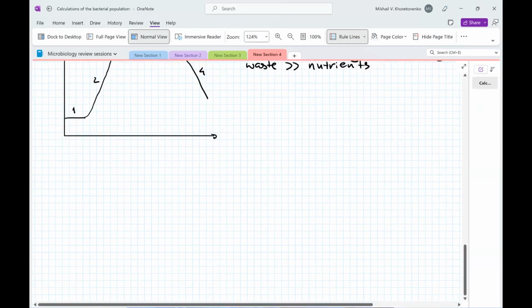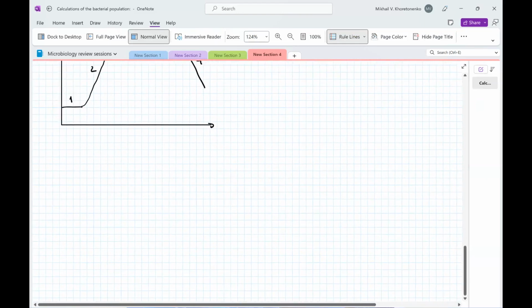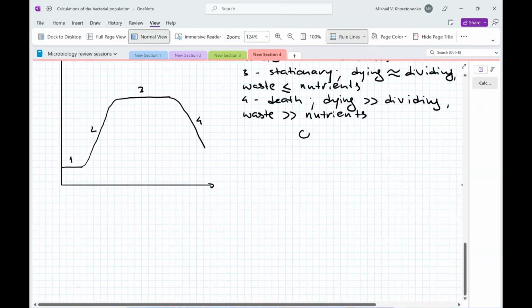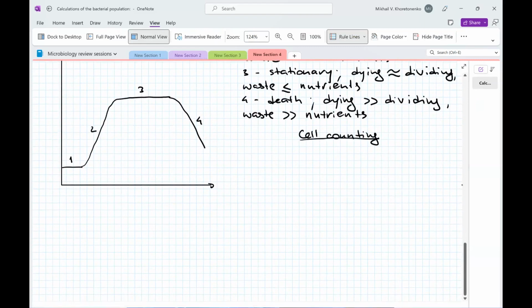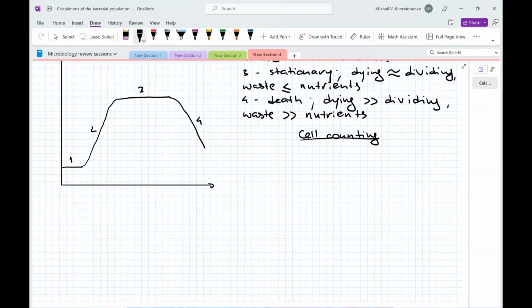Then we are moving on to the conversation of cell counting. Okay. And remember, you can basically just classify them based on the live cells, right?